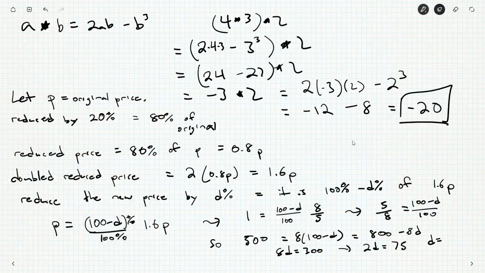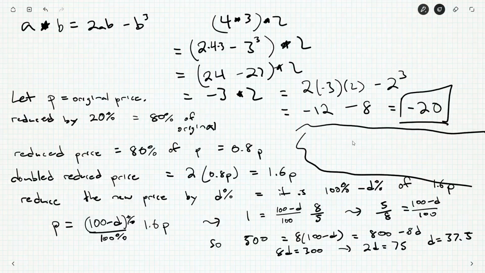D is 75 over 2, which is 37.5. I'll write my little therefore statement up here. So the price is reduced by 37.5%.